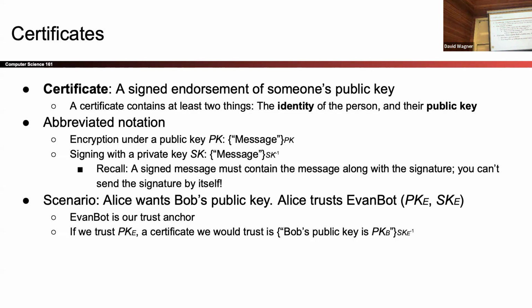And then because we trust Evan-bot implicitly, we can believe that what Evan-bot tells us is true. So when we receive the certificate, we can verify the signature, know it comes from Evan-bot, and conclude that we now know what Bob's public key is, if we had this full trust in Evan-bot.